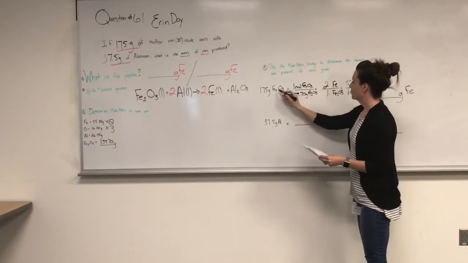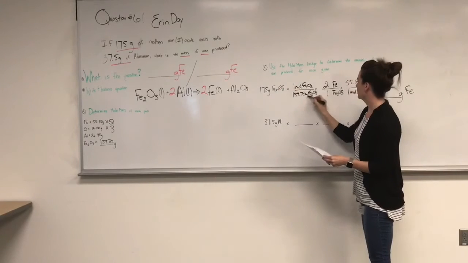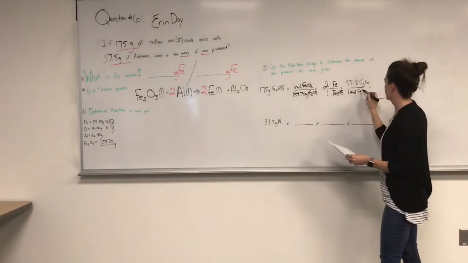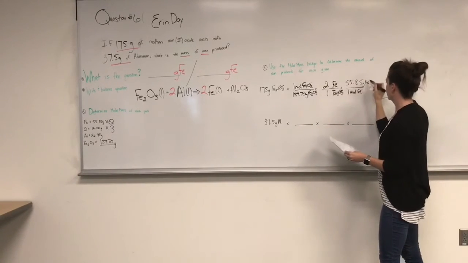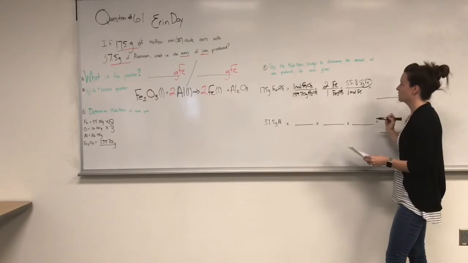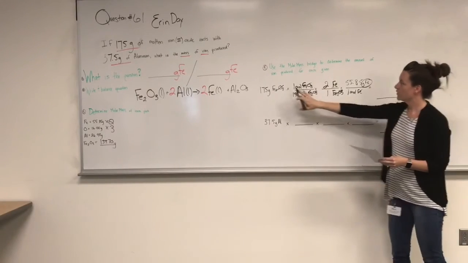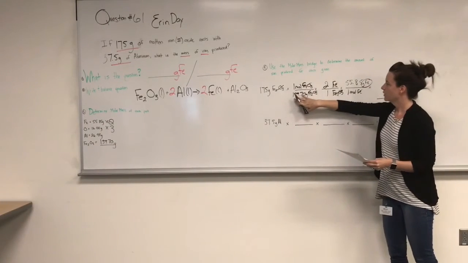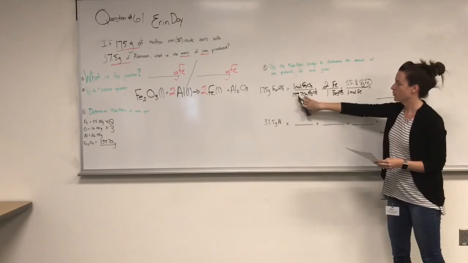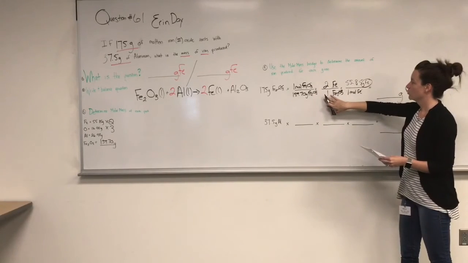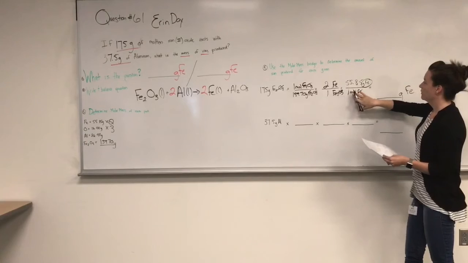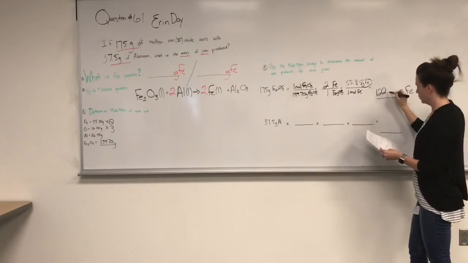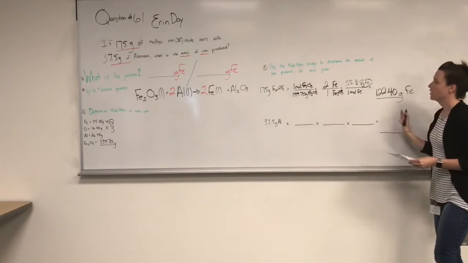So we can see that this and this cancel each other out. This and this cancel each other out. And this cancel each other out, giving us grams of Fe as our final measurement. And once all these calculations are done, we multiply 175 grams by 1 over 159.70 by 2 over 1, which is just 2, by 55.85 over 1, you get an answer of 122.40 grams of iron is produced.